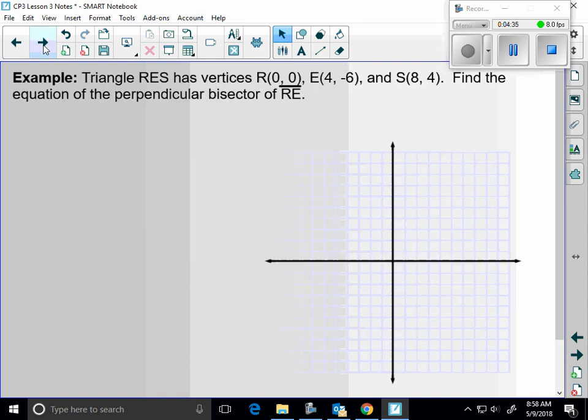Okay, so we're going to just jump right in. Triangle RES has vertices 0, 0. Let's put up 0, 0 here. This is point R. Okay, point E is 4, -6. So I'm going to go over 4 and down 6.